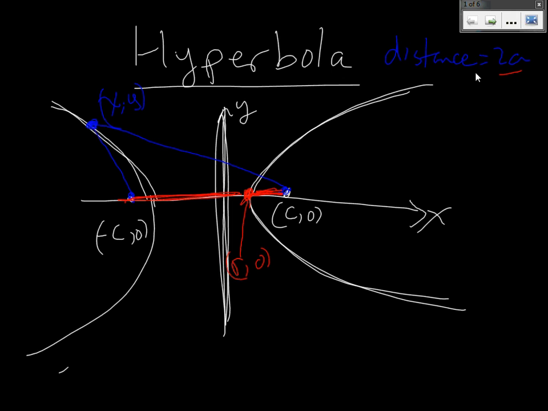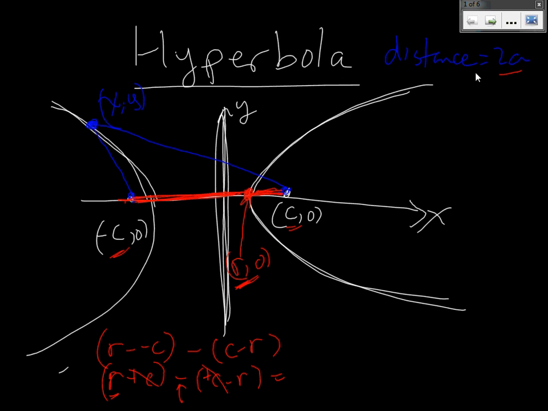Well, the first distance is always the right point minus the left point. That distance is r minus negative c, minus the other distance, which is c minus r. So this is r plus c minus c minus r. Well, you have plus c, and you subtract them, you get 0. And if you have r, and you take away negative r, you get 2r.